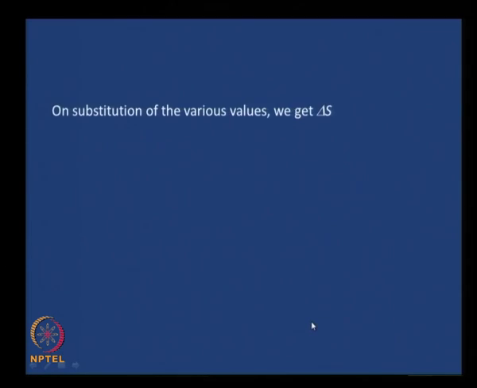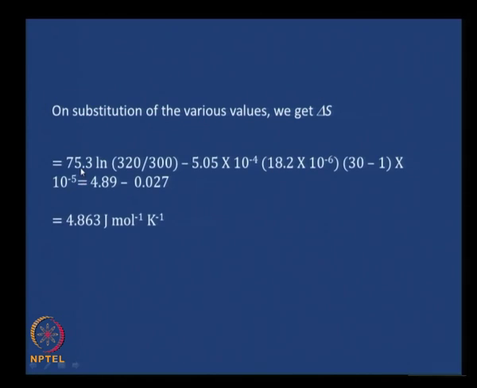Substituting the values, now you know the values, we get 75.3 into ln of T2 320, T1 300, minus 5.05 into 10 power minus 4, this is alpha, into molar volume V 18.2 into 10 power minus 6, and this is 30 minus 1, conversion into the proper system of units, we multiply by 10 power minus 5.